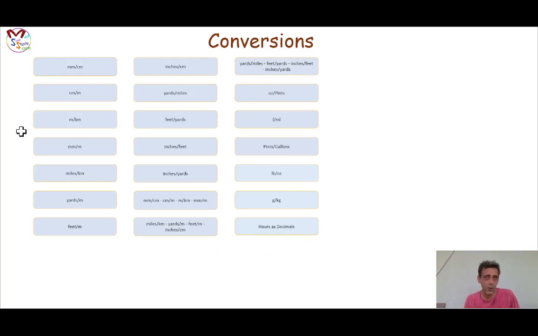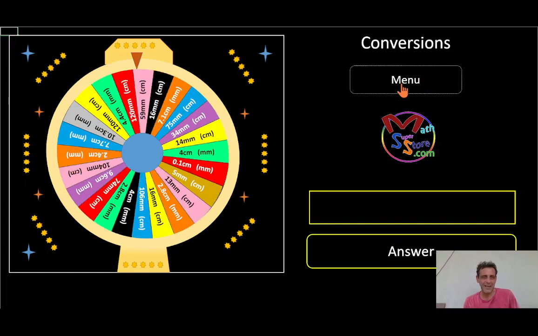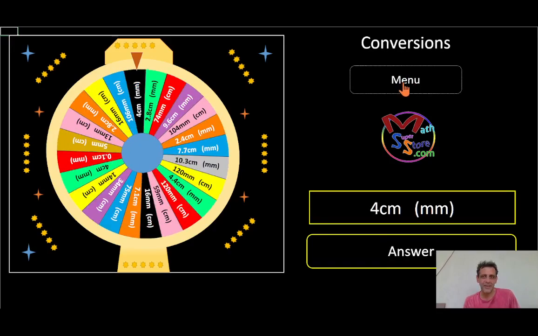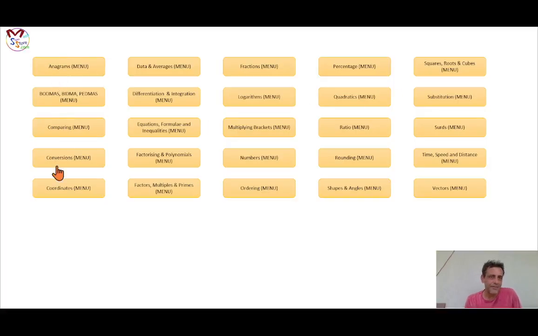And the majority of this menu will also be in the distance, speed and time. The ounces and pints won't, obviously. Anyway, I'm sure we'll get there. Okay, so that was conversions.